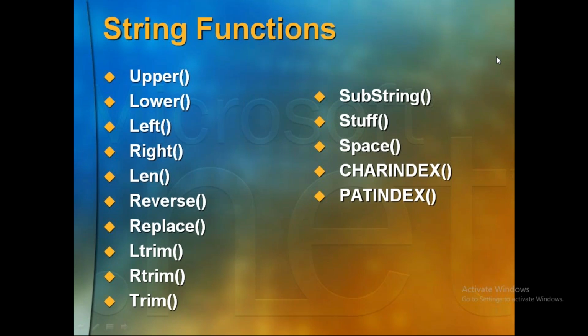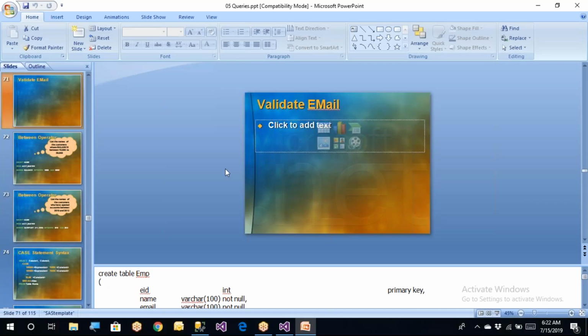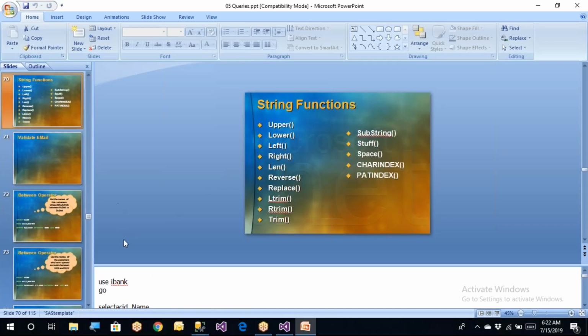Let us understand. So upper function is if you have some data in lower case, if you wanted to make that uppercase, then normally we use this upper function to make it upper. If you wanted to make it lower, then you should be able to go and make it lower. So these are very straightforward and simple functions.